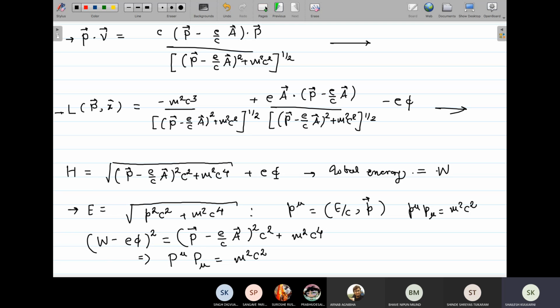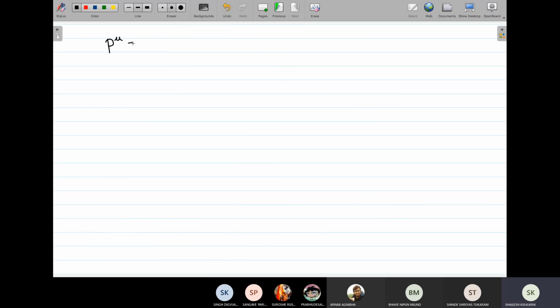So I will define my 4-vector P mu as (W minus e phi)/c and vector P minus e/c A. Now you see these substitutions: energy is replaced by energy minus e phi, the scalar potential, and the usual momentum is replaced by canonical momentum minus e/c A. These replacements again give me P mu P mu as m squared c squared.